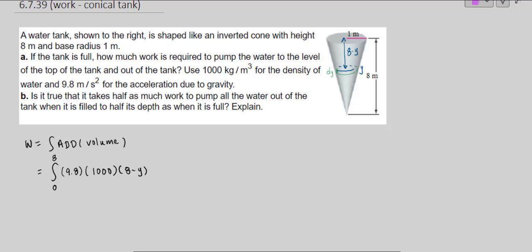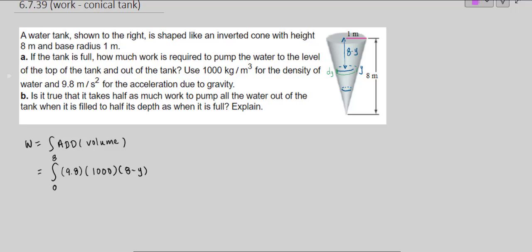Okay, well, in order to figure that out, we are going to notice that if we look at different slices, they are going to have different radii. And so what we're going to need to do is figure out the area of a cross section based on the y value.